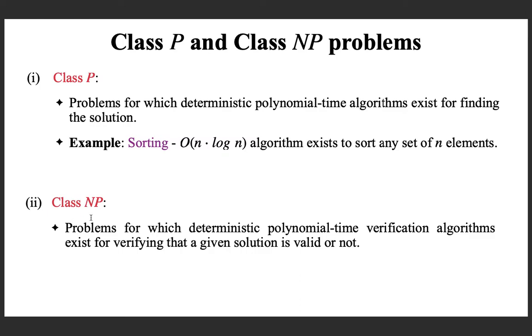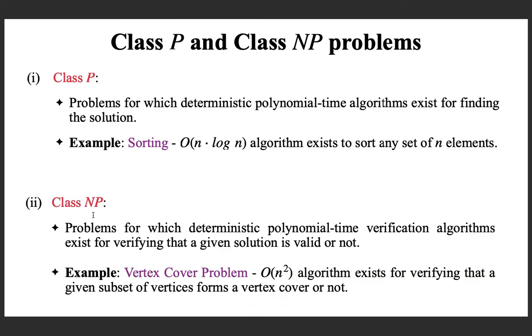These are anyway hard problems. So if someone is giving us a possible solution, can we verify that the given answer is a solution? If you can verify that using a deterministic polynomial time algorithm, then the problem is said to be in the class NP. This is a notion that we discussed.